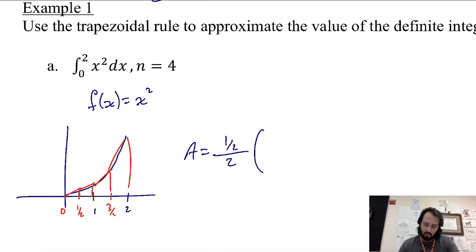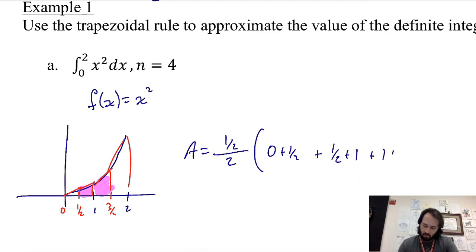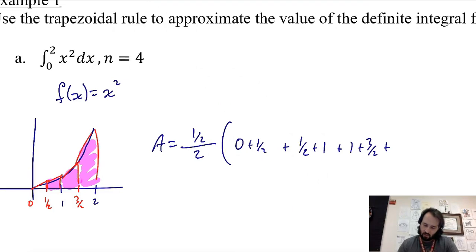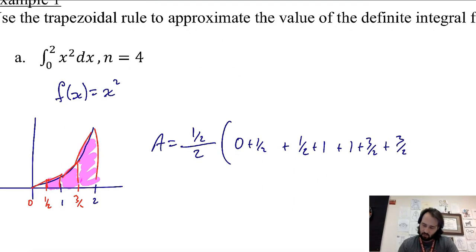Then times base 1 plus base 2, so 0 plus 1/2, plus the next trapezoid, base 1 plus base 2 is 1/2 plus 1. The next one would be plus 1 plus 3/2, plus the next one, 3/2 plus 2.